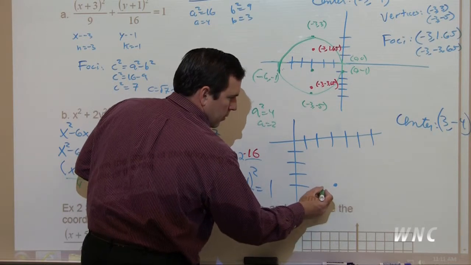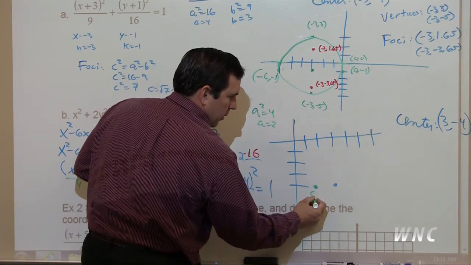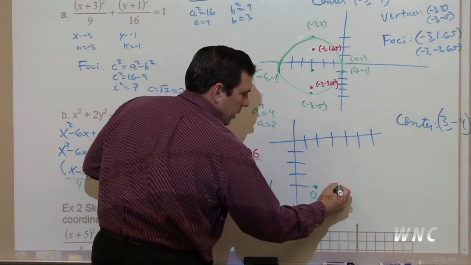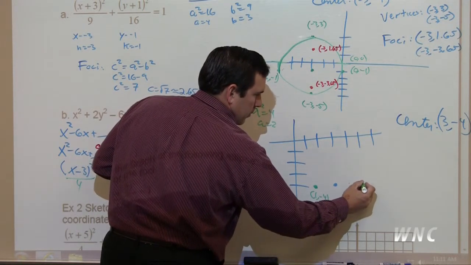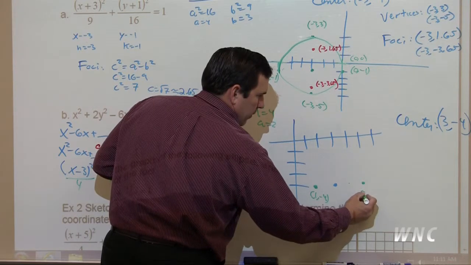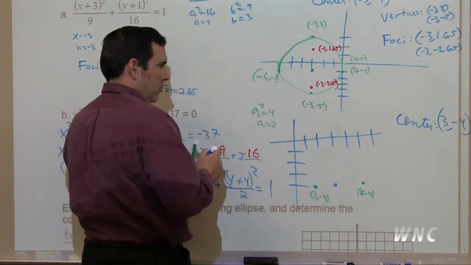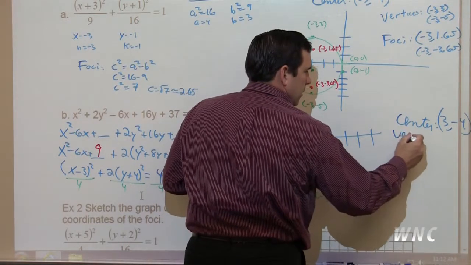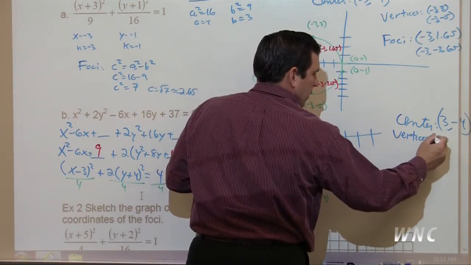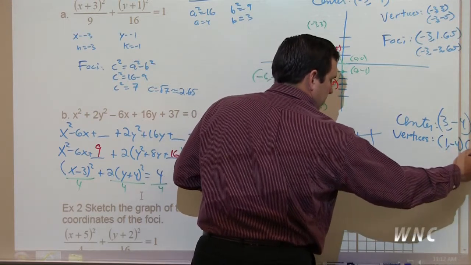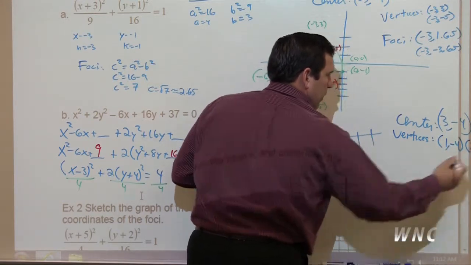And that's going to be at 1, -4, and then 2 units to the right. That's going to be 5, negative 4. Our vertices are located at 1, negative 4 and 5, negative 4.